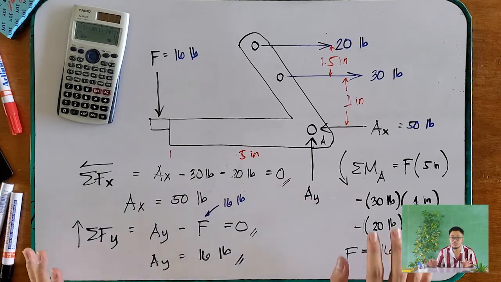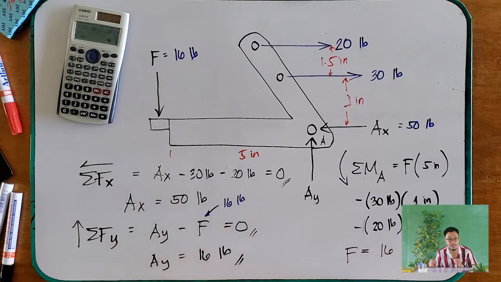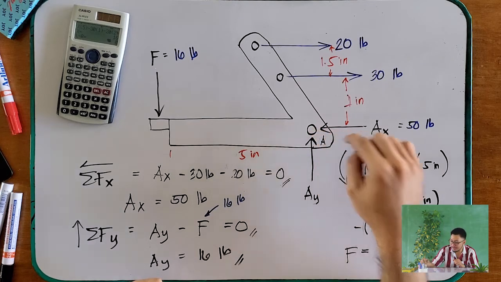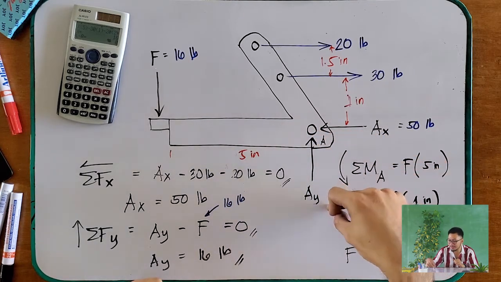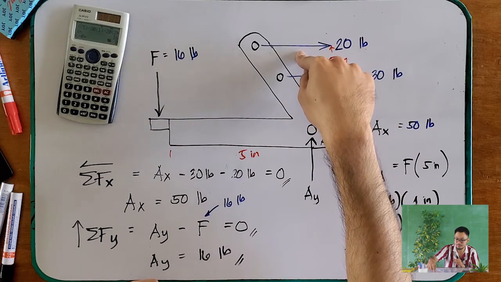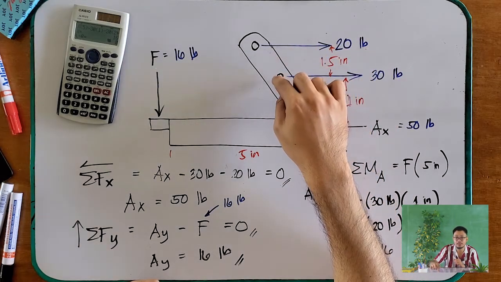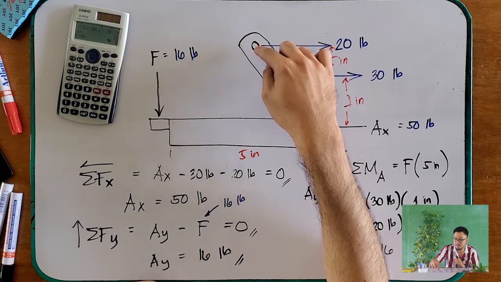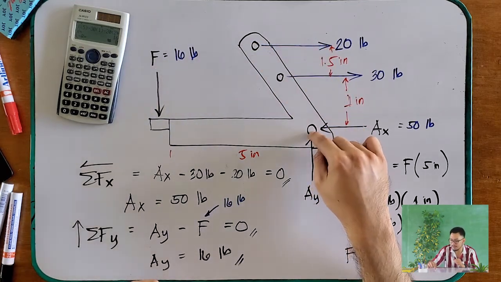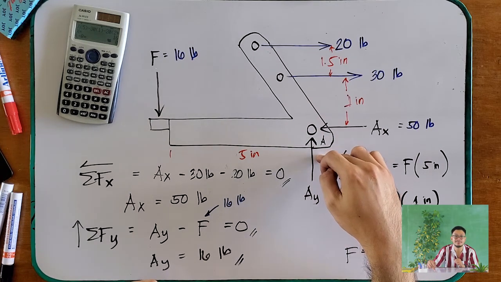And take note, you should know asa ka magbutang og moment. Kaya naay criteria sa pagpili ug asa ka magbutang sa imong moment. Ako nagbutang ko sa akong moment diri sa point A para makancel ang atong AX ug AY para gamay na lang akong sulbaron. Okay? Pwede ka mag-moment diri, pero ang problema kay mag-moment ka diri, naa pa diha ang imong unknown nga AY.